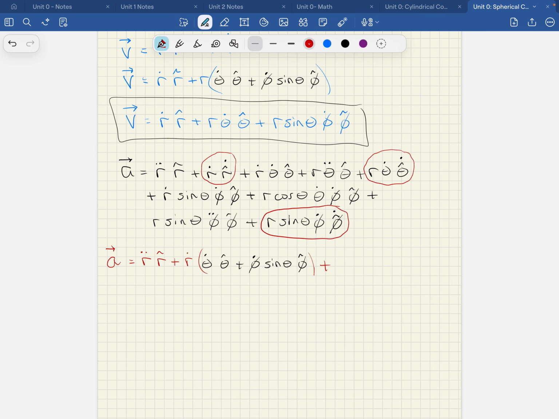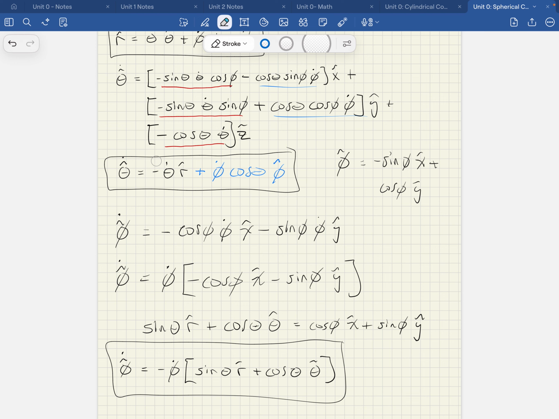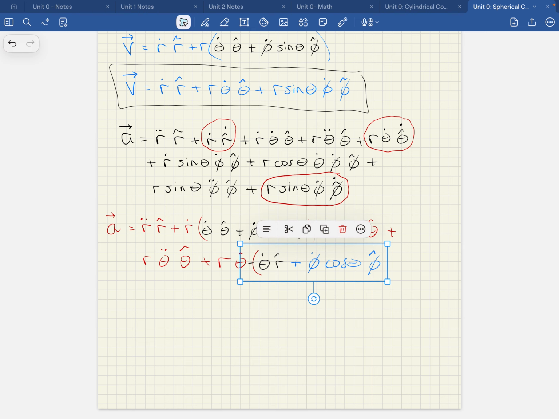Okay, plus r dot theta hat plus r theta double dot theta hat plus r theta dot times, now I need my theta hat dot. So that's this guy. Plus cut, paste.